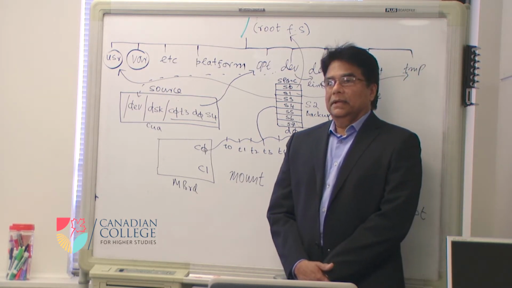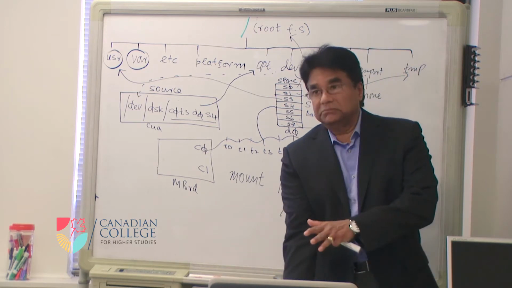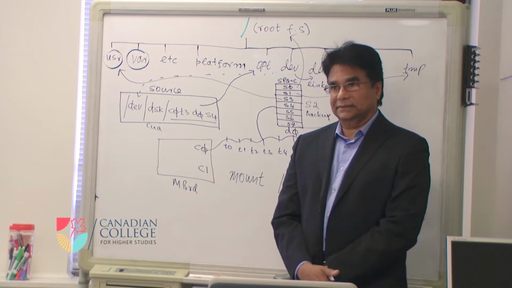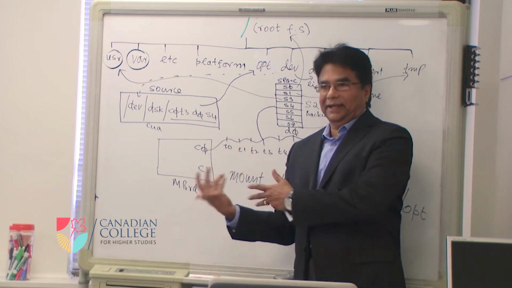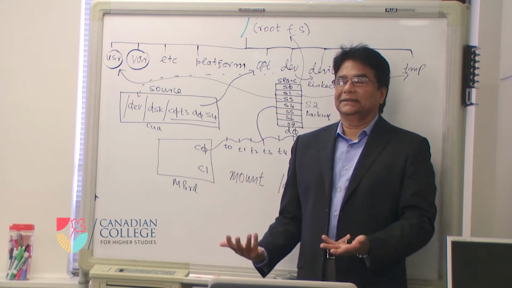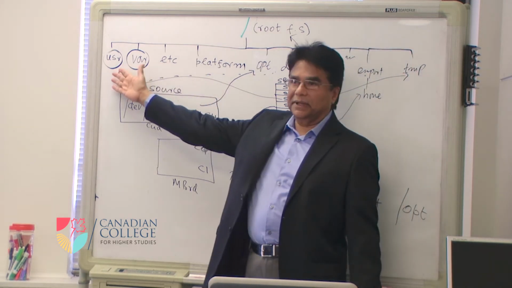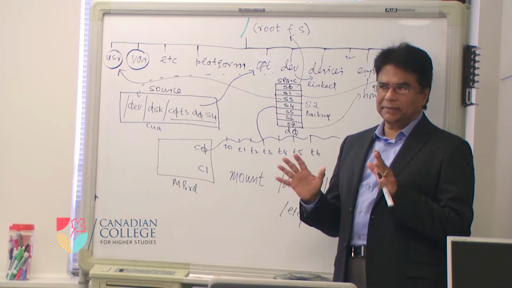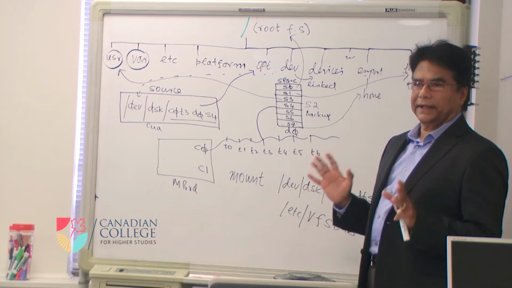Whatever was there under will disappear temporarily, but it won't get lost. When I take the computer away, it is there again. But these directories don't have anything because these are created during the system. So do you understand the difference between file system and directory?